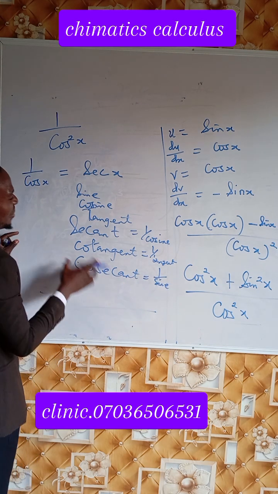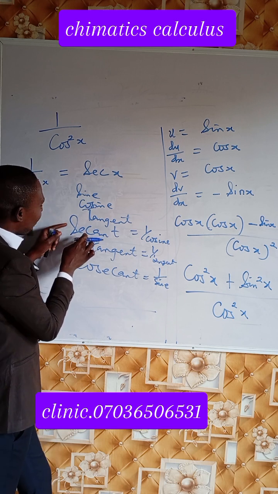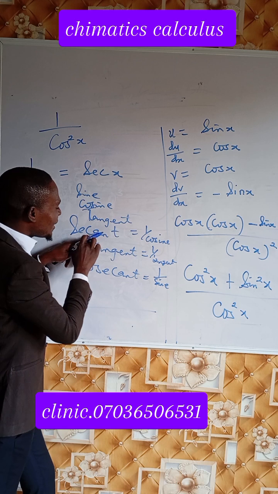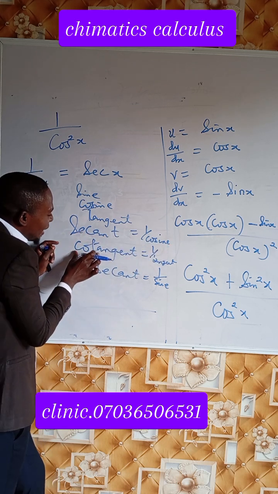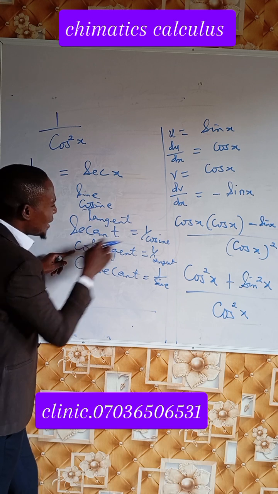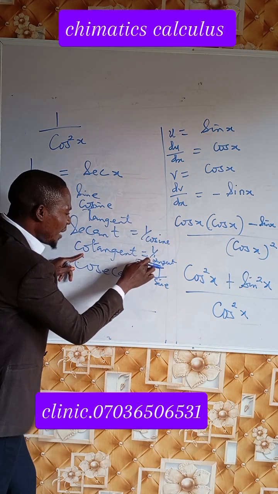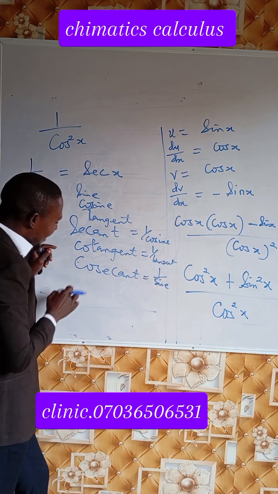How do you remember this so that you will not forget it? Look at the first 3 letters of secant. The first letter stands for 1, the second letter stands for over, and the third letter is C for cosine. Do the same here: the first 3 letters of cotangent, first letter stands for 1, second letter stands for over, that is divided by, and the third letter stands for tangent, T for tangent.